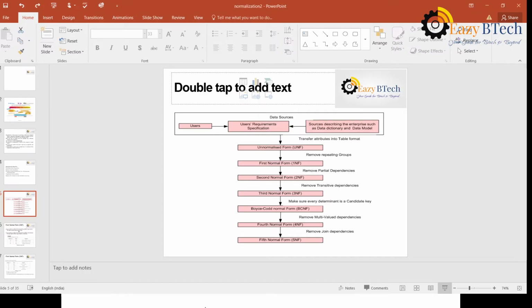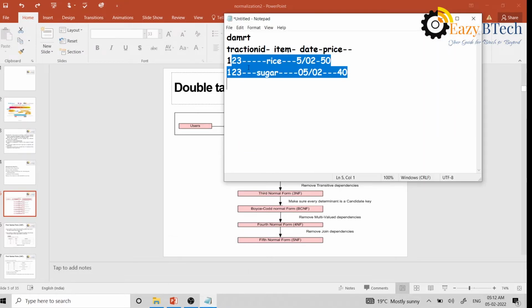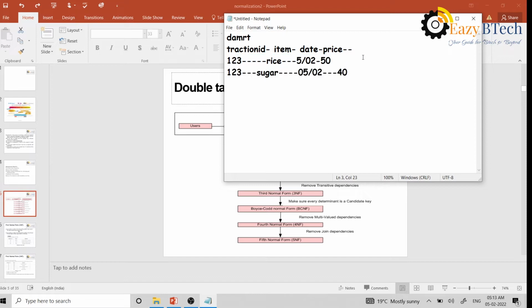For 123, how many items did I purchase? Total 11 items, 11 times, 11 times the date and the transaction ID. Transaction ID is repeating.